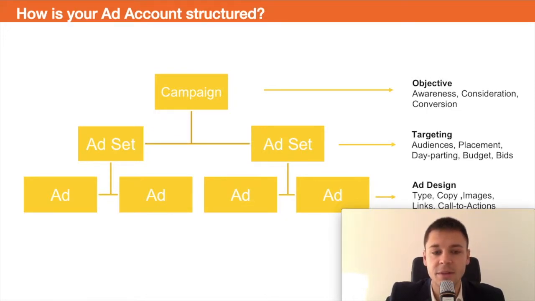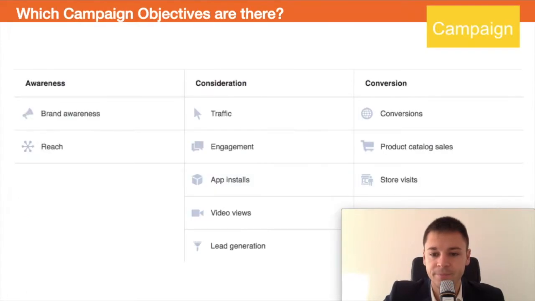Let's go step by step. Start on campaign level, then I'll show you all the cool things on ad set level, and then we go into ad level. So as I promised, here I show you the 10 campaign objectives that there are right now. Previously there have been more, but they were accumulated.